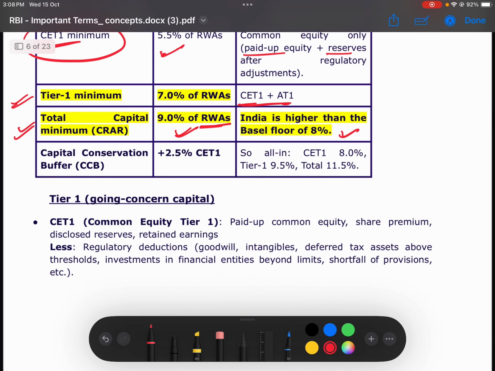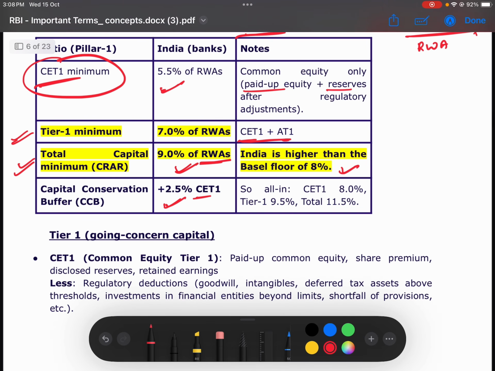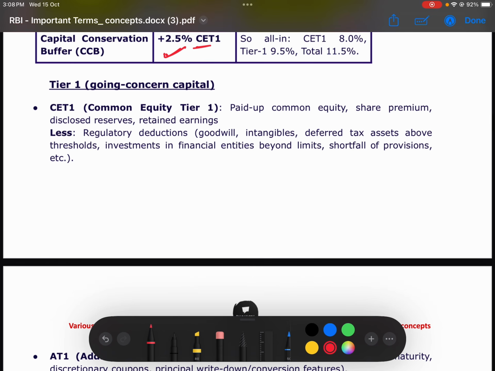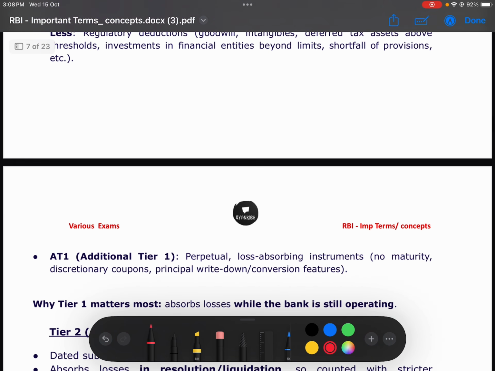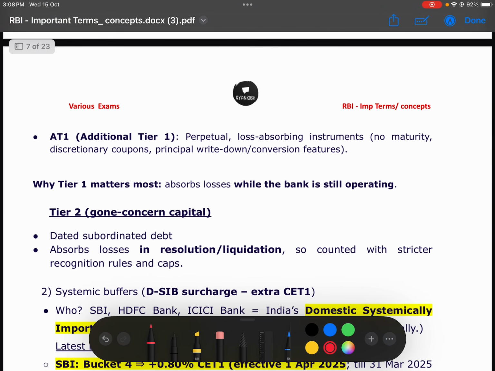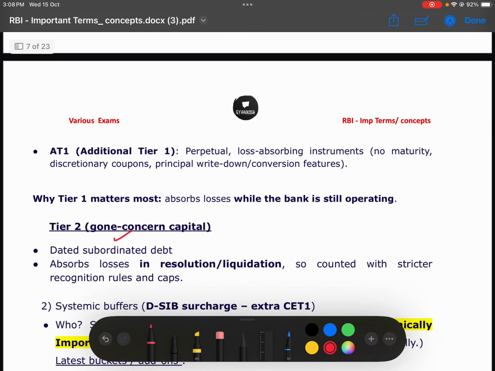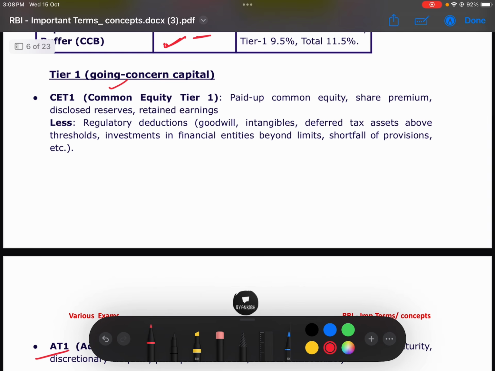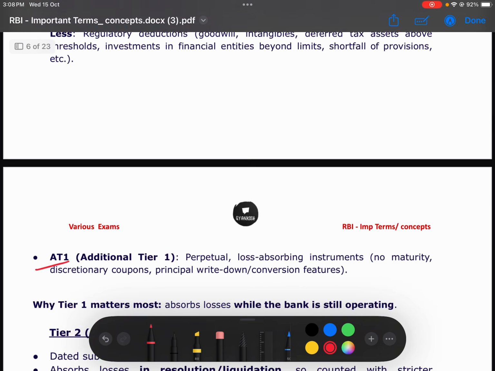Similarly, capital conservation buffer should be 2.5%. These all figures you have to remember. Tier one capital is called going concern capital, and tier 2 capital is called gone concern capital. It is also written here, but if you cover these things, it will be enough.